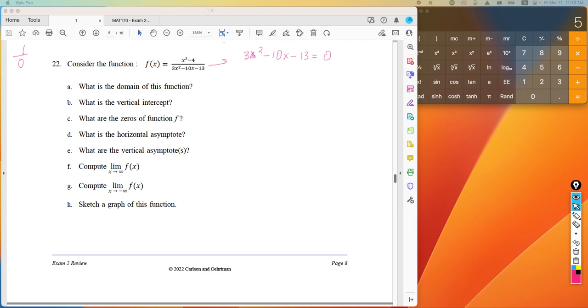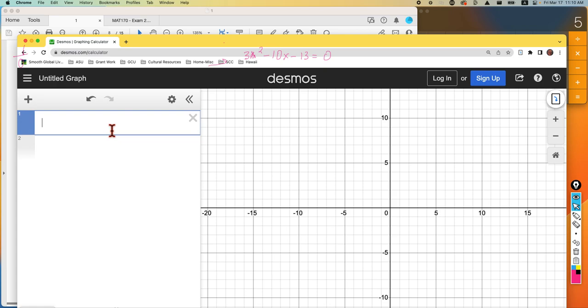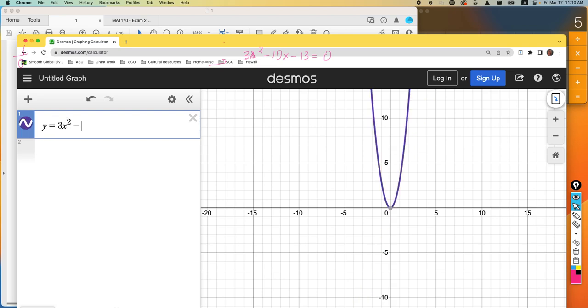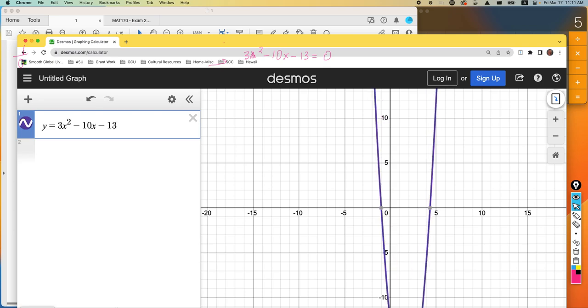So let me clear this out. I'm going to graph y equals 3x squared minus 10x minus 13. The decimals will tell us right away that it occurs at -1 and 4.33. So that's 4 and 1/3.